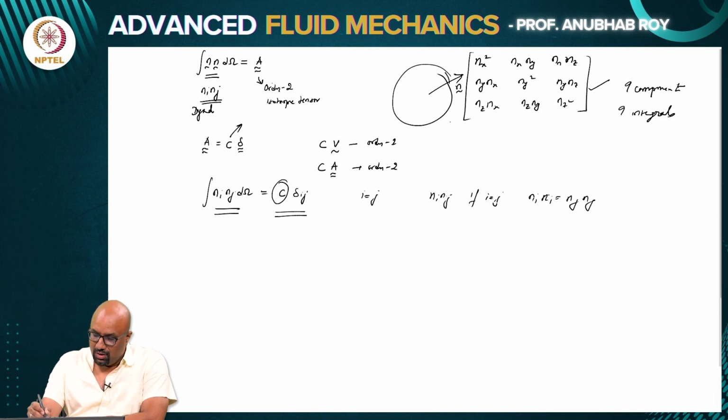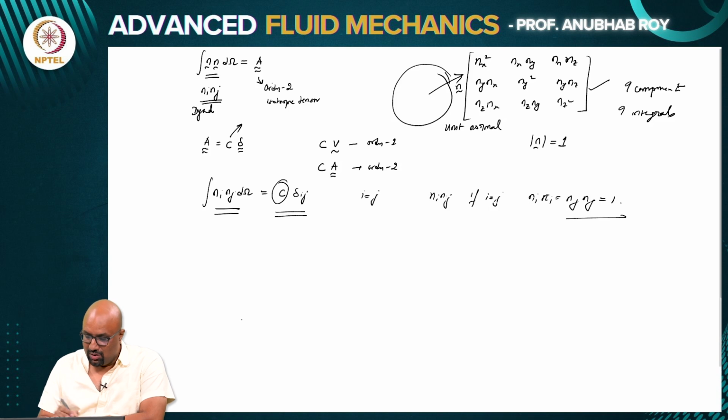The definition was that this is a unit normal. Unit normal means the magnitude of that particular vector is going to be 1. Nx square plus ny square plus nz square is equal to 1 if you write in Cartesian.